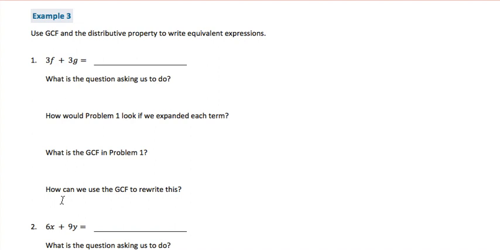Example 3, they're asking us to use the greatest common factor, GCF, and the distributive property to write equivalent expressions. So they're asking us to find a common factor in each of the terms and then to rewrite it using the distributive property.